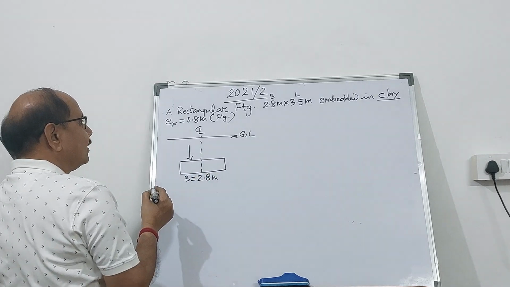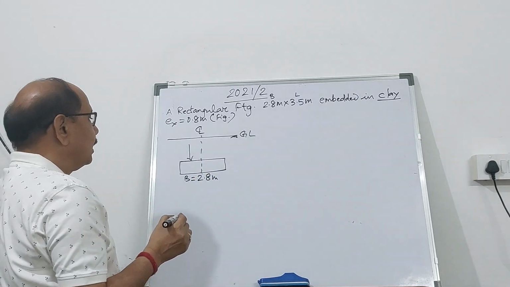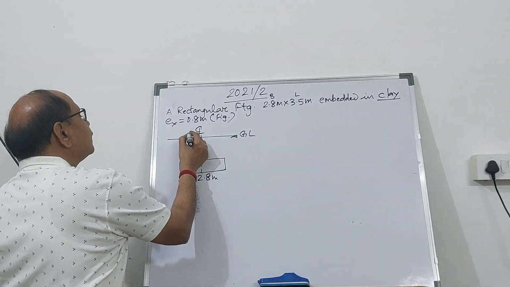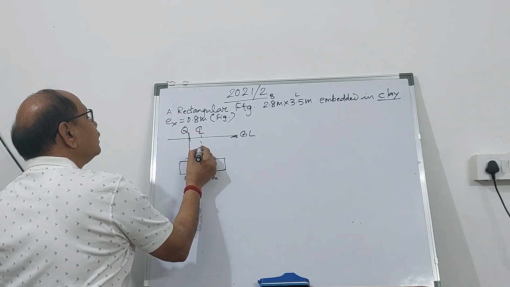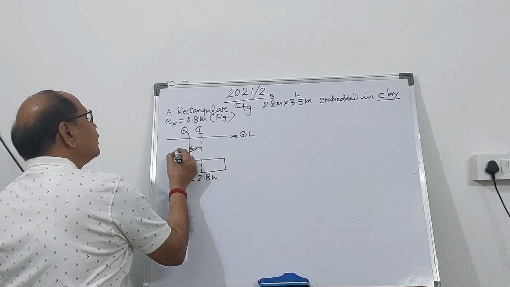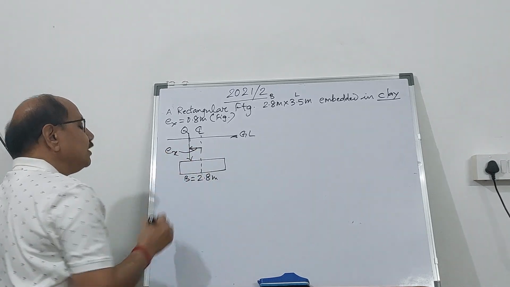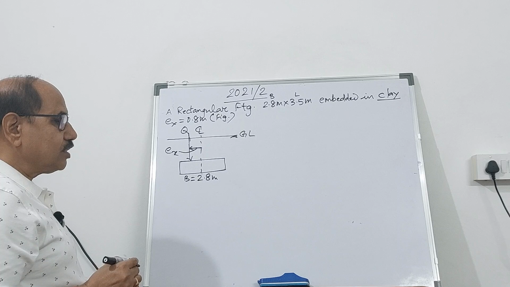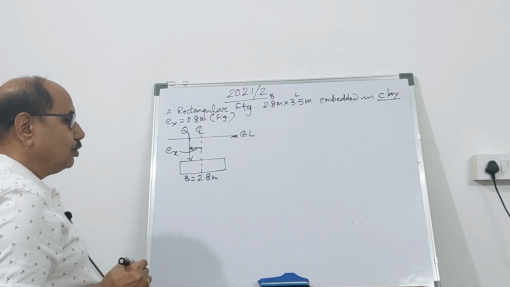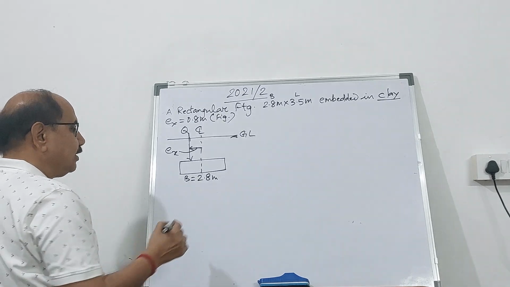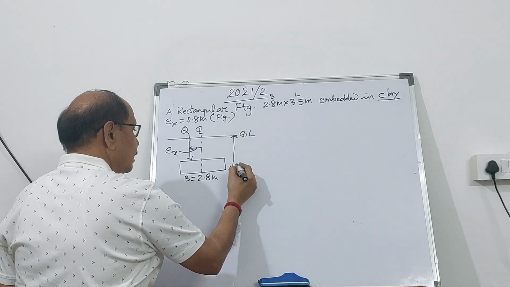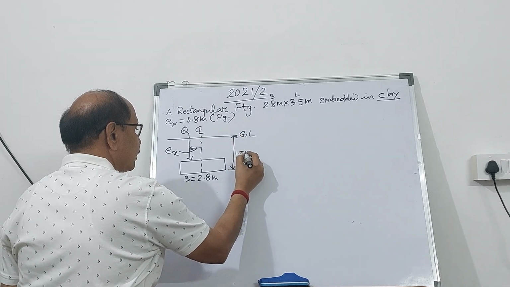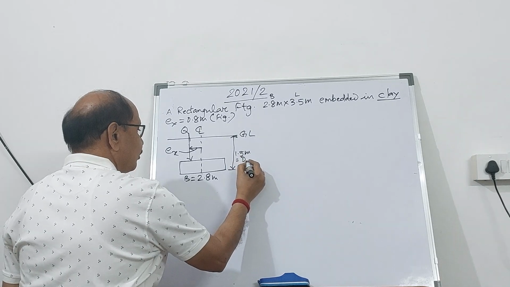So load is acting here over the footing, and this is the eccentricity Ex, which is given to you in this problem, and the depth of the footing is given as 1.5 meter. So this is the depth of the footing.